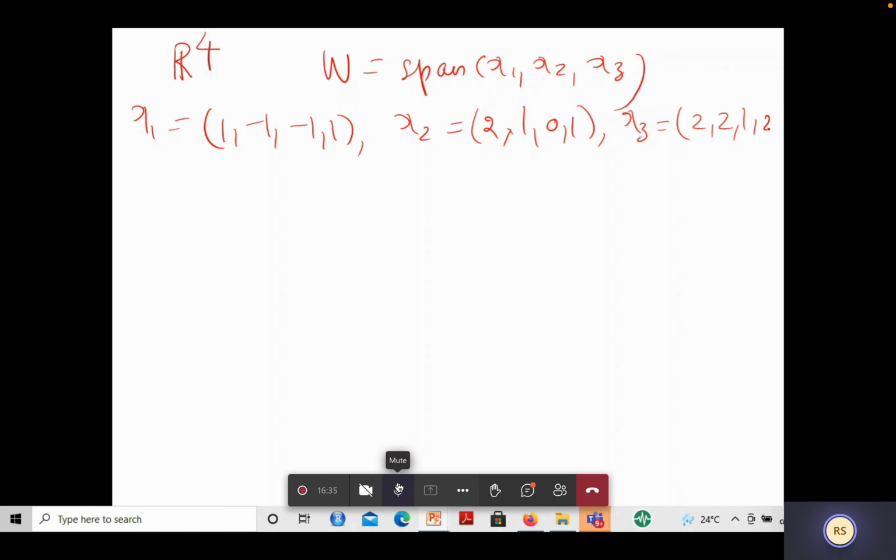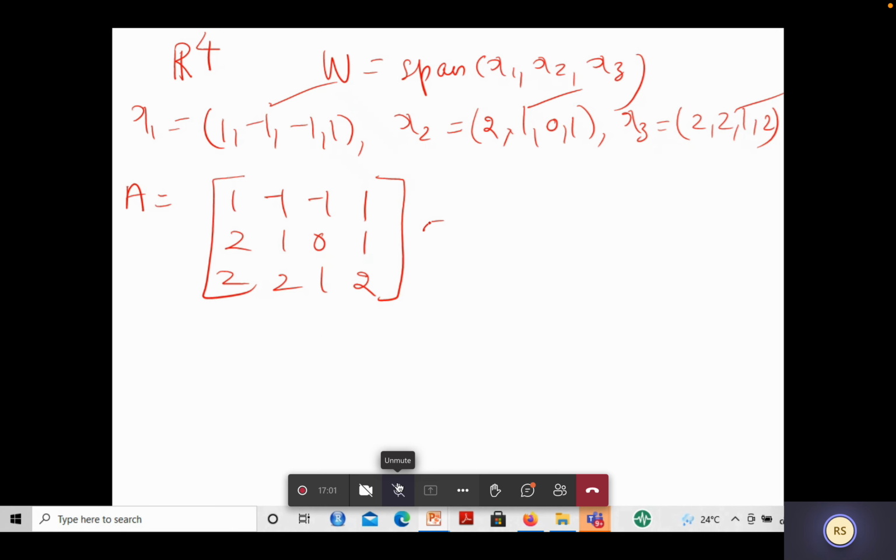So I need to check whether these three vectors are linearly independent. What I can do is form a matrix out of it, taking these three as three rows: 1, minus 1, minus 1, 1; 2, 1, 0, 1; 2, 2, 1, 2. Can you apply Gaussian elimination? First row, don't disturb. Second row, R2 goes to R2 minus 2 R1.